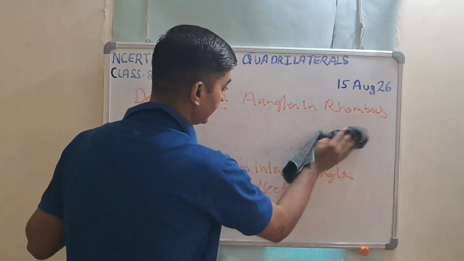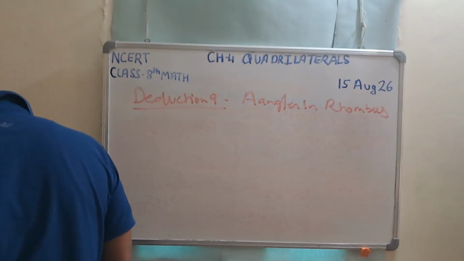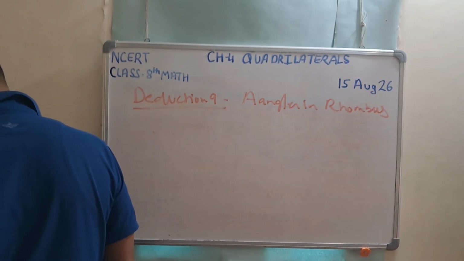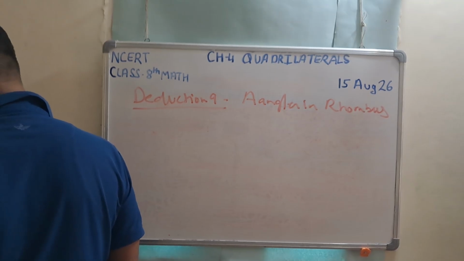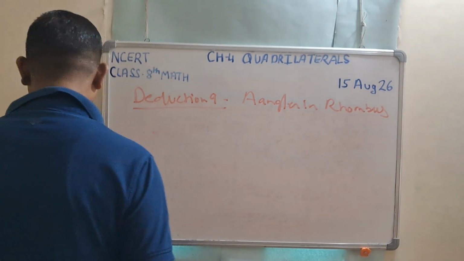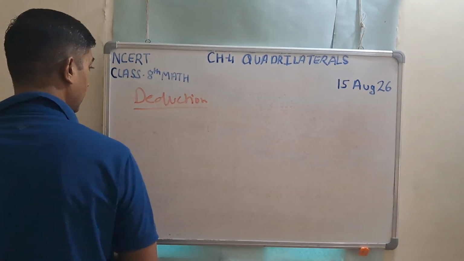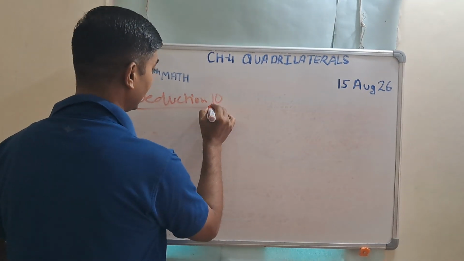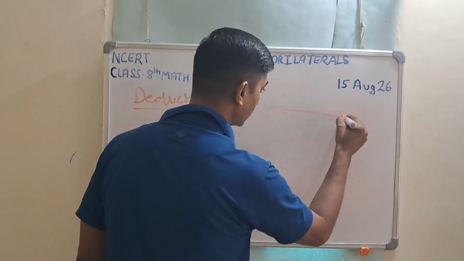Now we will see the next deduction. What is the next deduction? Our next deduction 10 is about the rhombus.